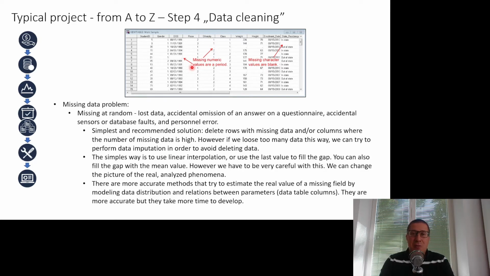However, if you lose too much data this way, we should not delete rows or columns, but rather try to estimate the missing values. We can do it in, let's say, a simple or hard way.